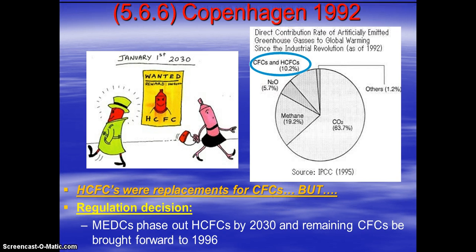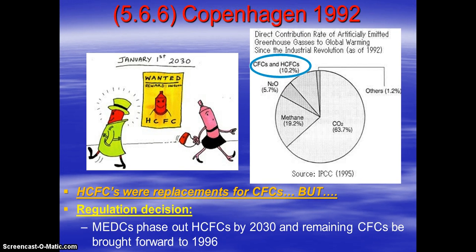Lastly, more recently, we have this legislation, Copenhagen. Copenhagen was dealing with the fact that there was another very similar cousin to CFCs, HCFCs, that was trying to replace CFCs. And Copenhagen said, ooh, this is no good. These HCFCs are actually greenhouse gases, and they do tons of damage for climate change.